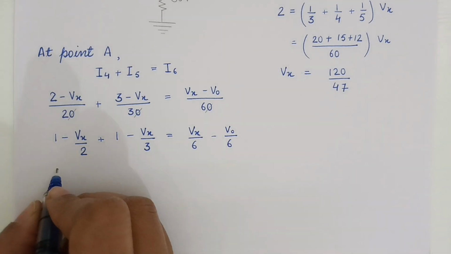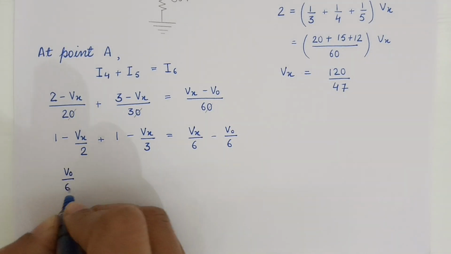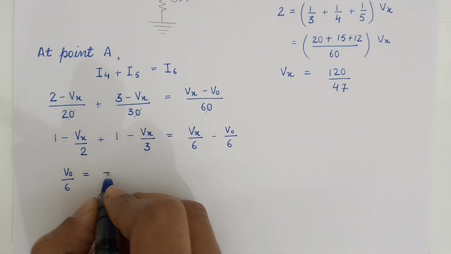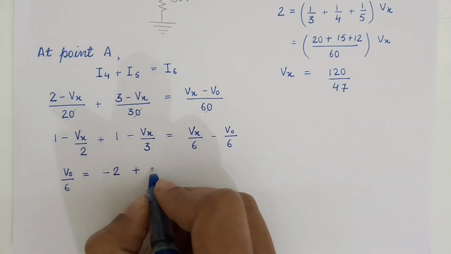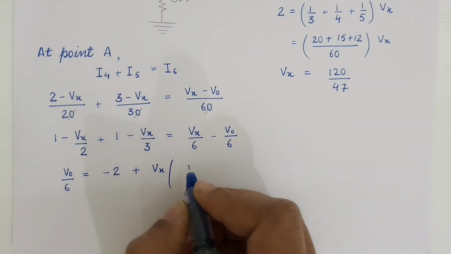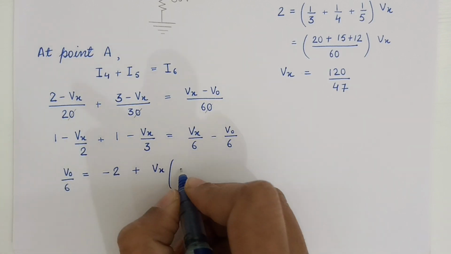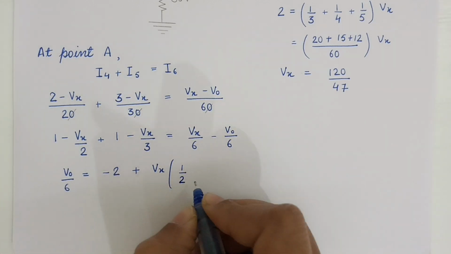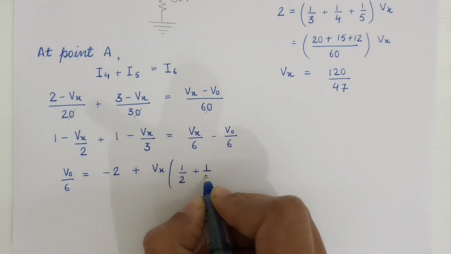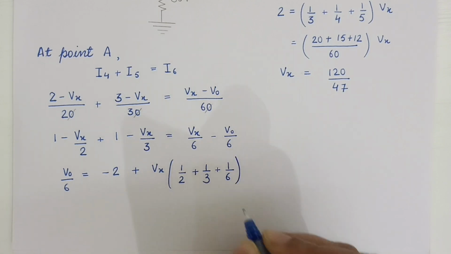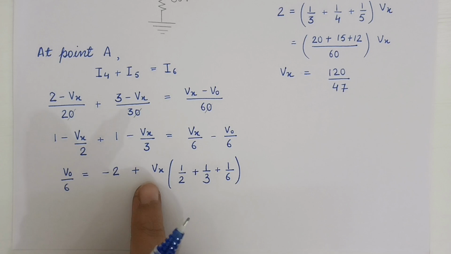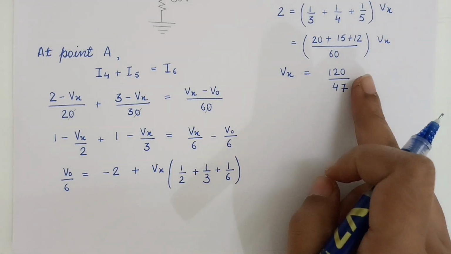So we get V naught by 6 is equal to minus 2 plus, taking Vx common, Vx times 1 by 2 plus 1 by 3 plus 1 by 6.